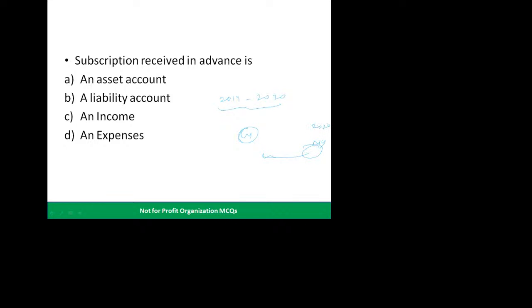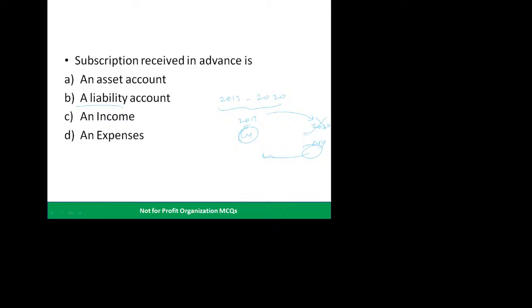Whatever amount belongs to 2020 has been received in the year 2019. Then the same amount will not be received in the year 2020, which will become a liability. A liability is an amount that we have to pay back, right? So the amount for which we are in debt is called a liability.